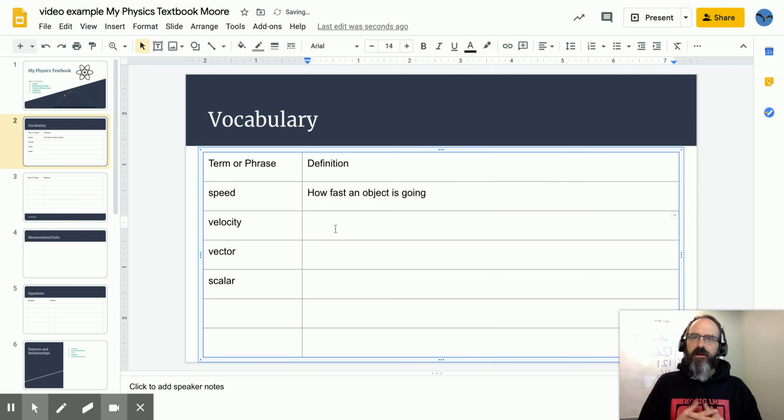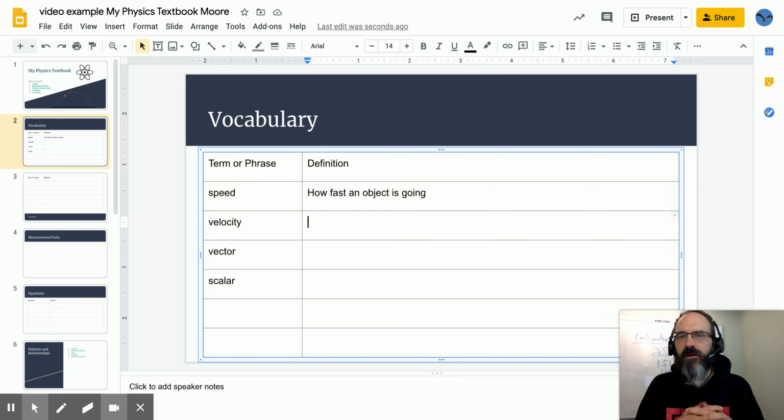Velocity, on the other hand, is a little bit more sophisticated. It does kind of mean speed, and certainly in normal English, we can use them interchangeably, but it's really got a speed combined with some directionality, some direction.